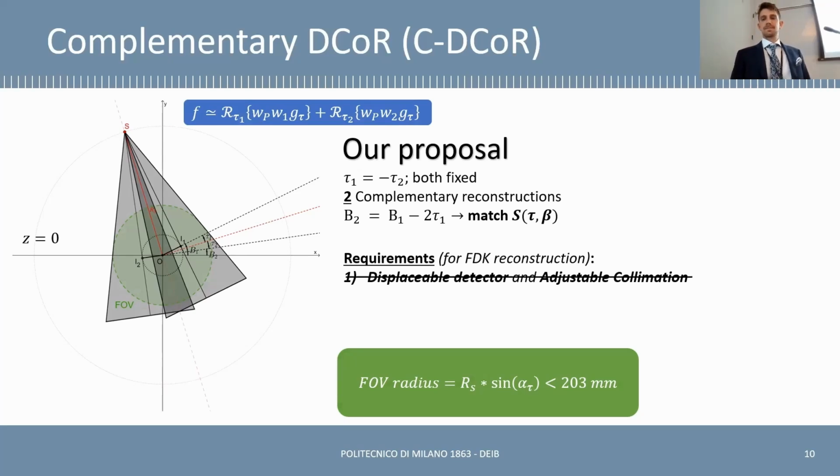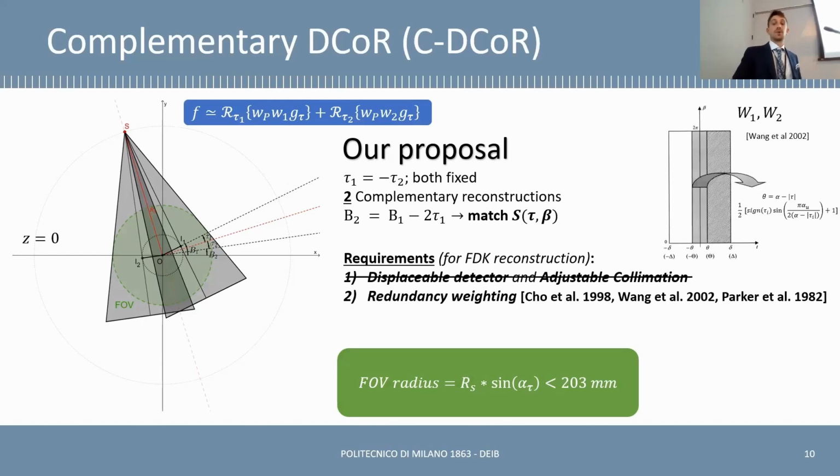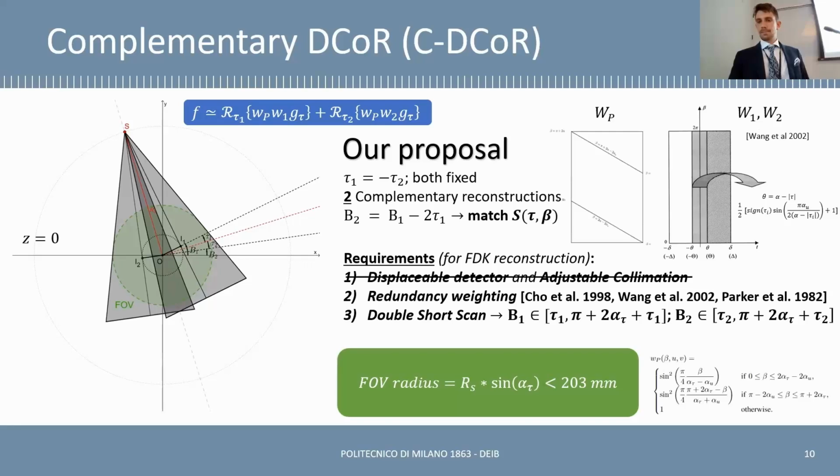After the acquisition, projections are weighted according to our implementation of Wang's weight for the displaced detector. And they are also weighted with the Parker short scan weight, depending on the source position and the incidence angle alpha.